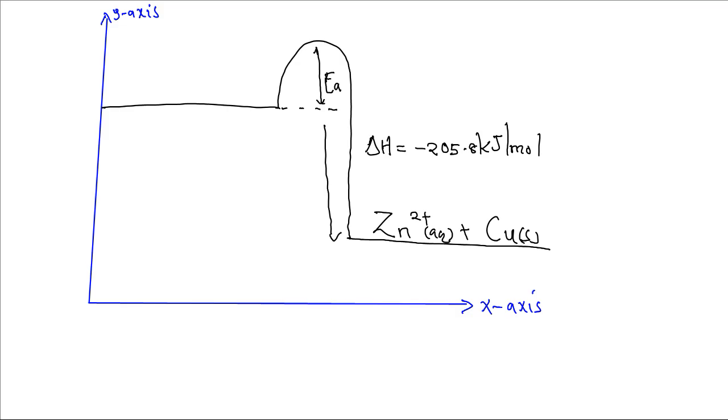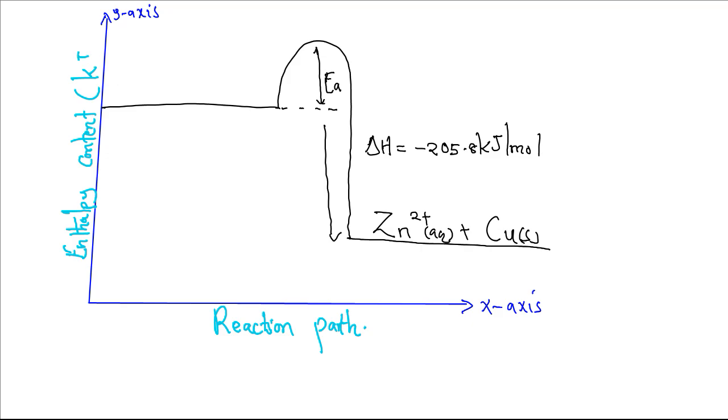This represents the reaction path. And then here we have the enthalpy content in kilojoule.